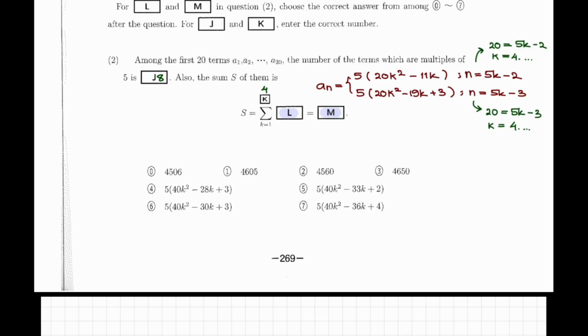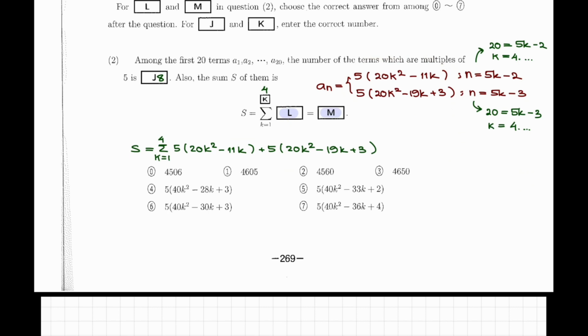So if I write it down, I will have S equals the sum from k equals 1 until 4 of L. L is the sum of these two functions. I will obtain 5 times 20k square minus 11k plus 5 times 20k square minus 19k plus 3.